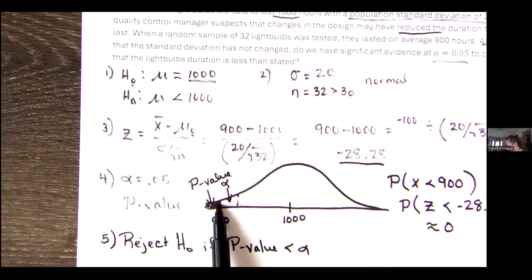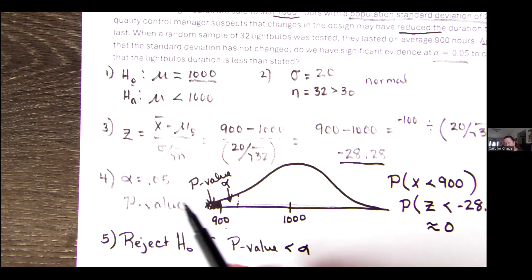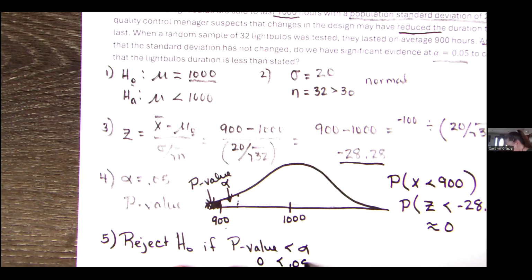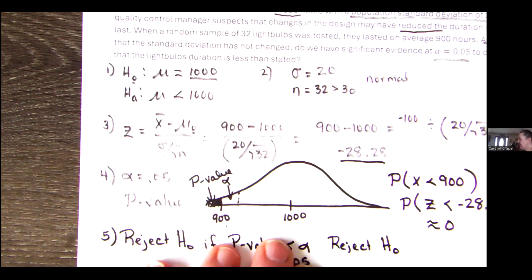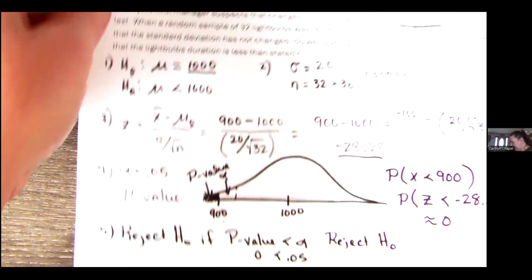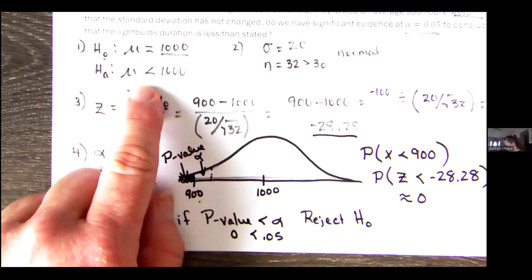So our sample is completely contained in that rejection region. And in this case, 0 is smaller than that 0.05. So we will reject H naught, which means we believe that there is enough evidence.